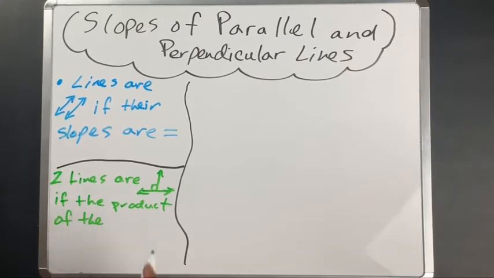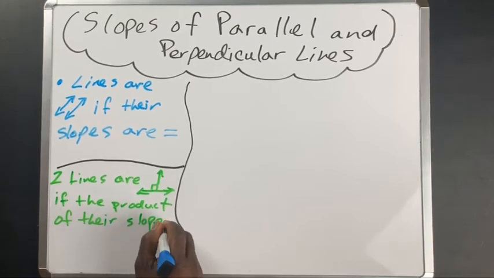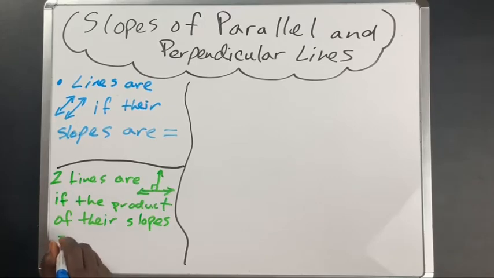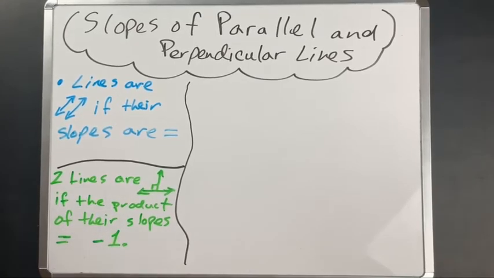Two lines are perpendicular if the product of their slopes equals -1.